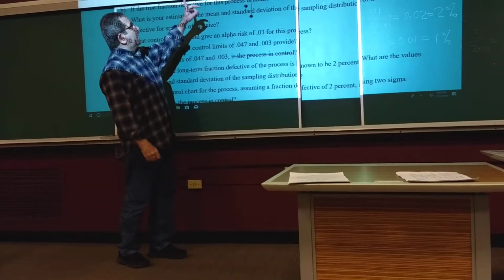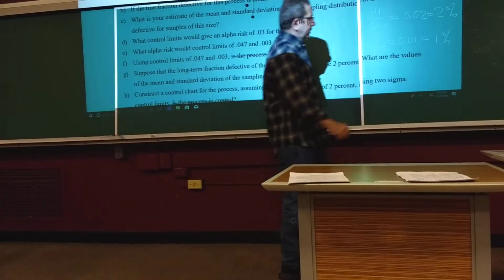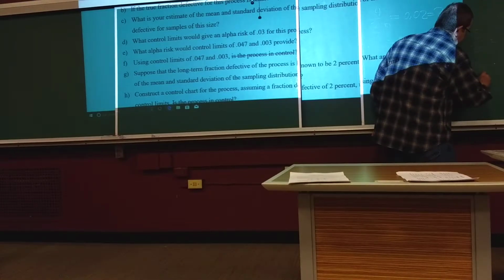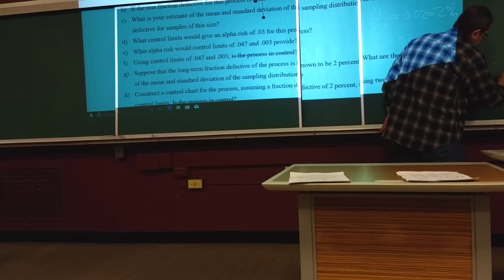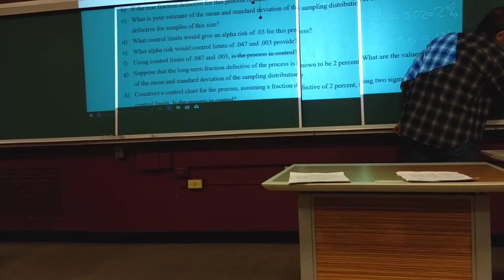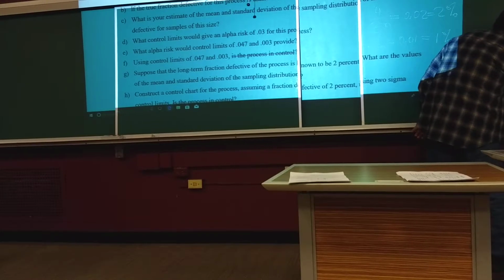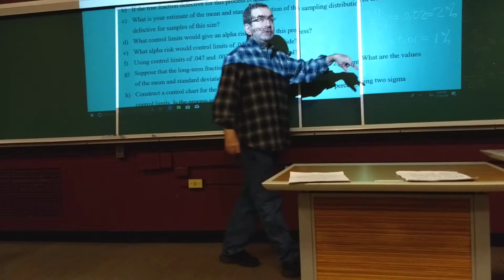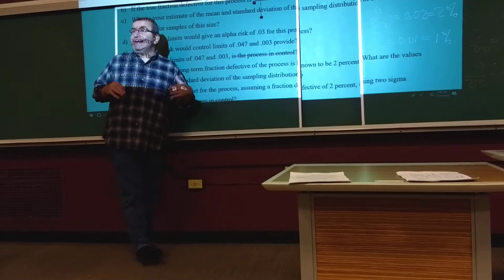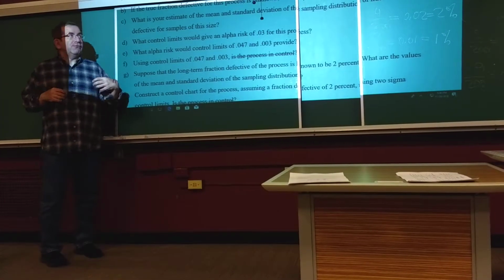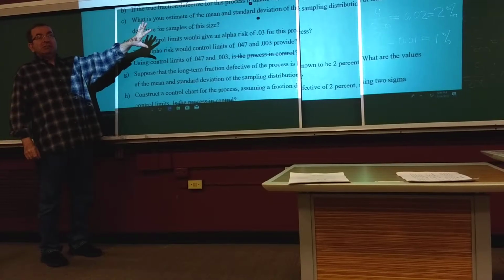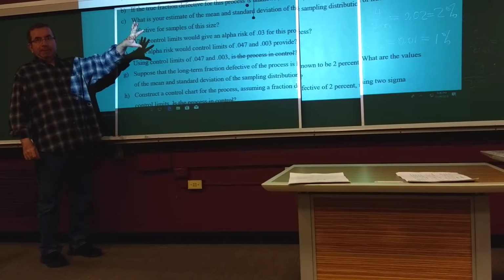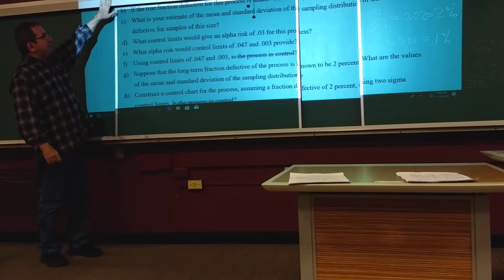And then the last sample, 9 divided by 200, 0.045 or 4.5%. So in each sample, we know exactly what percentage of statements are defective. Okay, so that's part A.